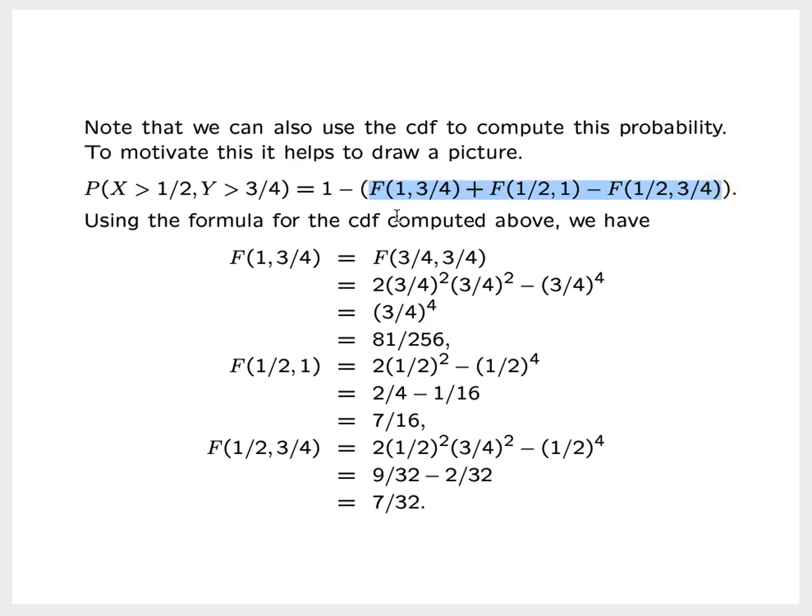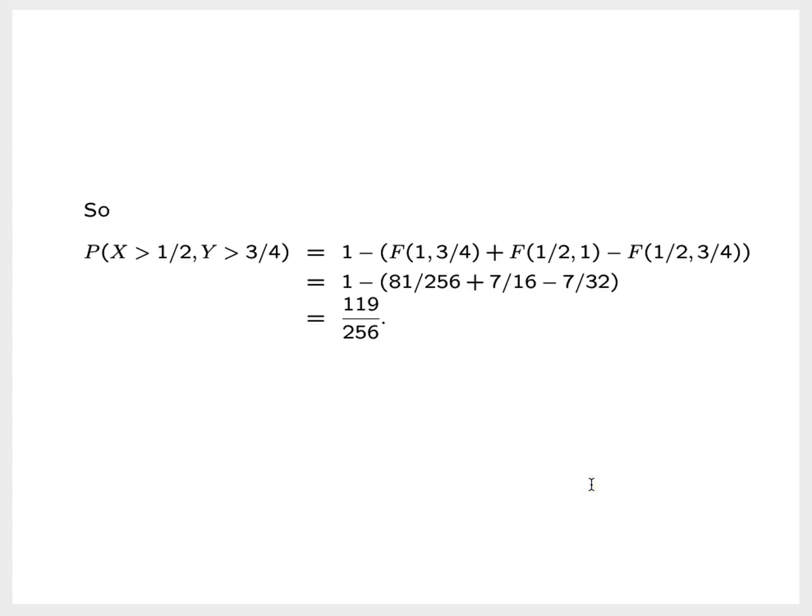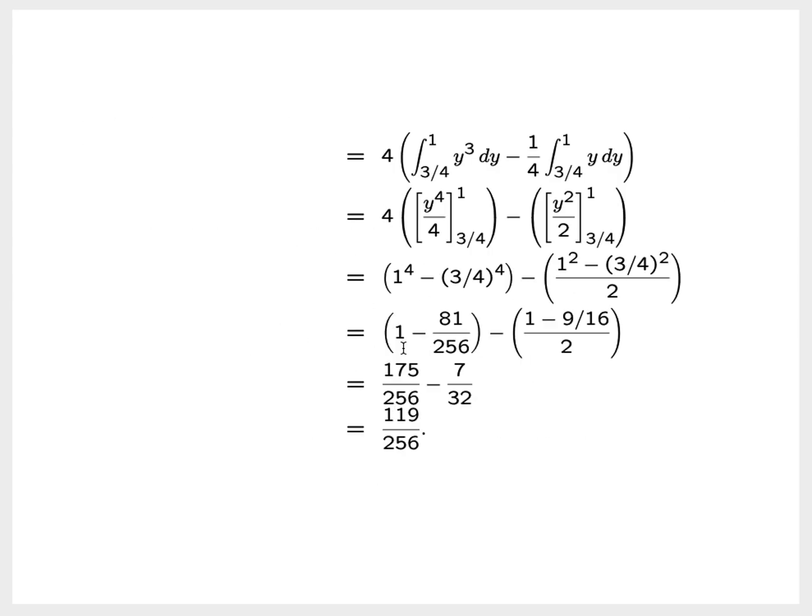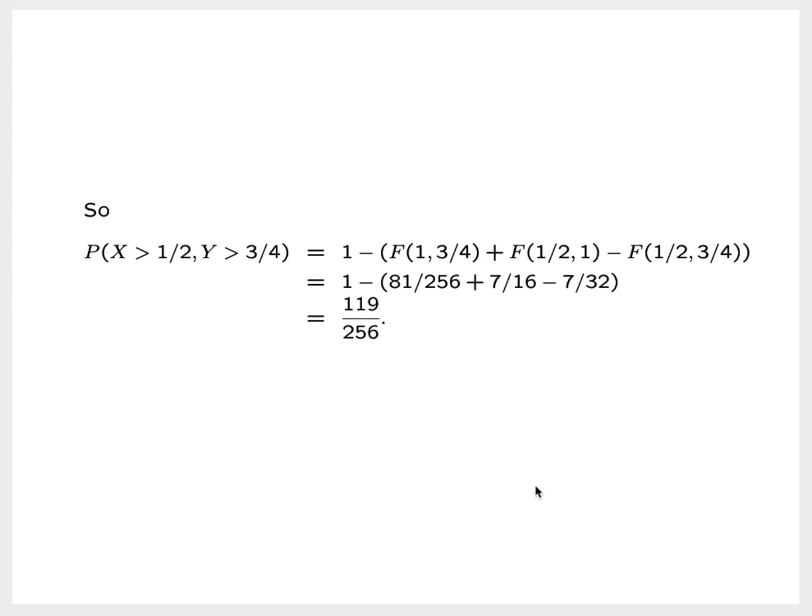So the CDF evaluated at 1, 3/4 plus the CDF evaluated at 1/2, 1 minus the CDF evaluated at 1/2, 3/4. We evaluate the CDF at each of these 3 points, plug the values in, and we get 119 over 256. So again, we get the same exact value that we obtained by integrating the PDF over the appropriate region.